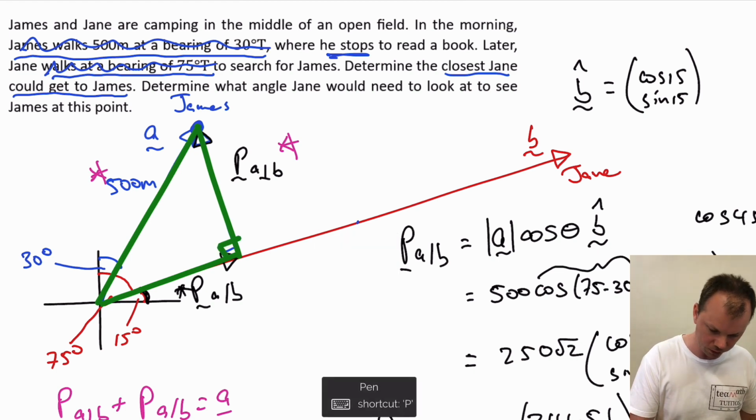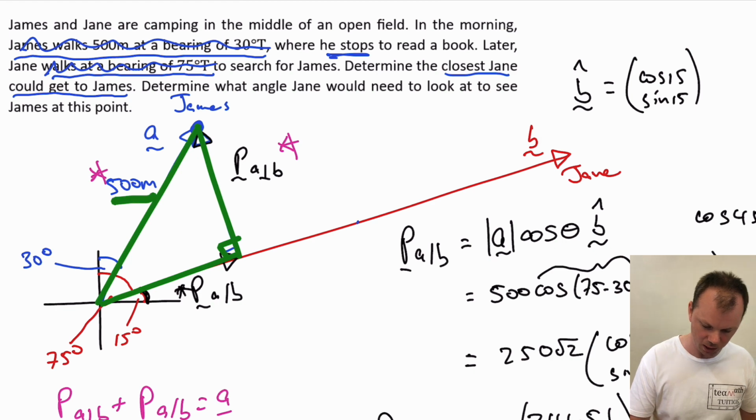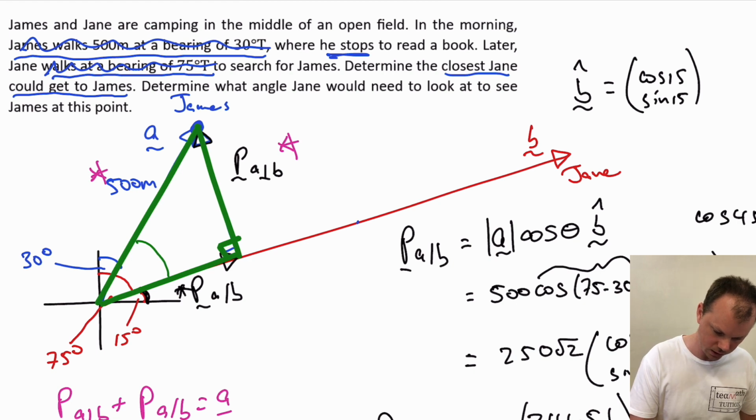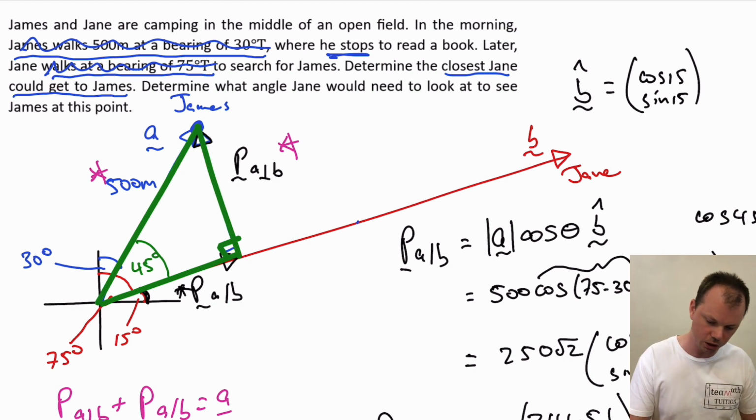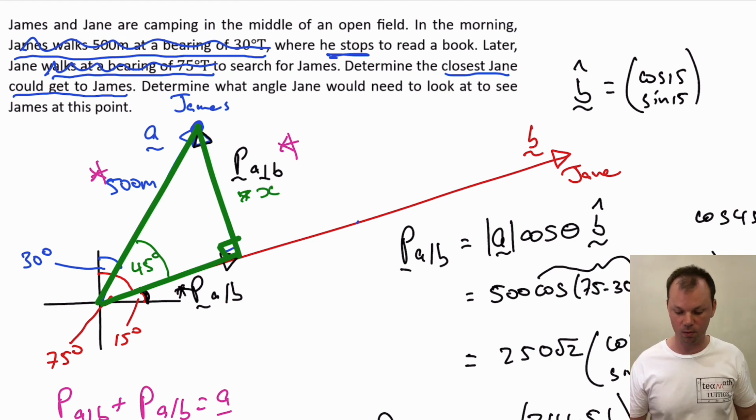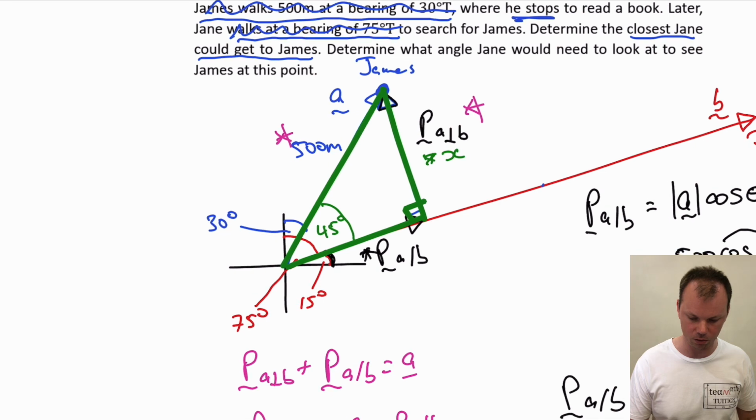We have the length of the hypotenuse. We have this internal angle, which is 75 minus 30, that's 45 degrees. And we want to know this side over here, which we can call x. There's a very simple way we can do that using our trig ratio.